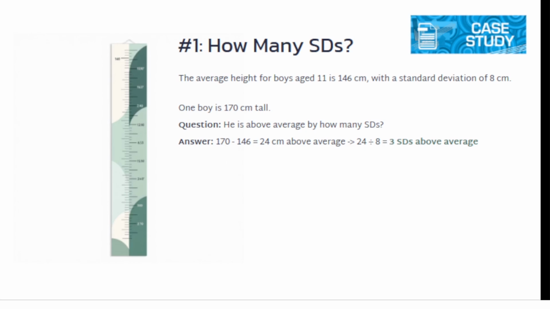So the question is how you describe this in terms of standard deviation. He is above average by how many standard deviations? That's easy, right? He's above average by 24 centimeters, and the standard deviation is 8. So 24 divided by 8, it's 3 standard deviations above the average.